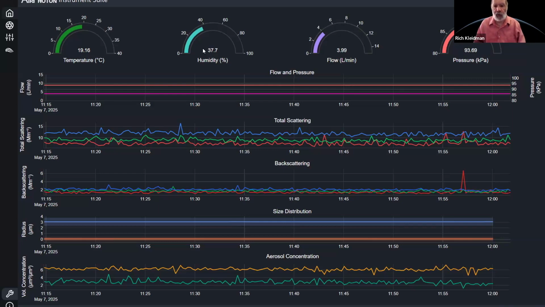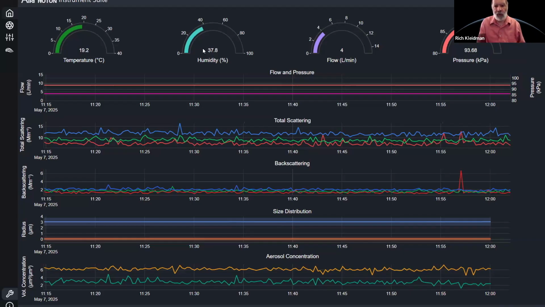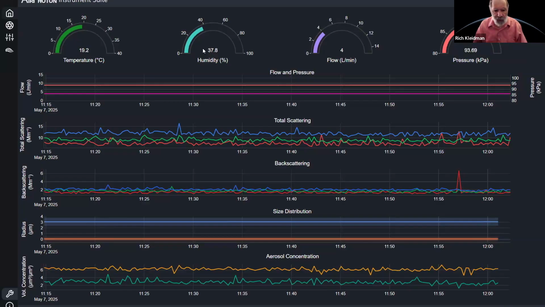They're subject to drift over time. There's certain kinds of particles that they have more difficulty measuring. I can't really go into all the details, but if you would like to send me an email, I would be happy to discuss that further.